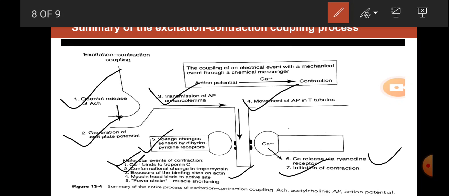Then the myosin head binds to the active site, and the last step is the power stroke, or muscle shortening. All this occurs during muscle contraction.